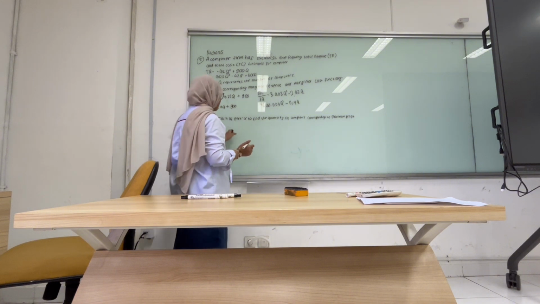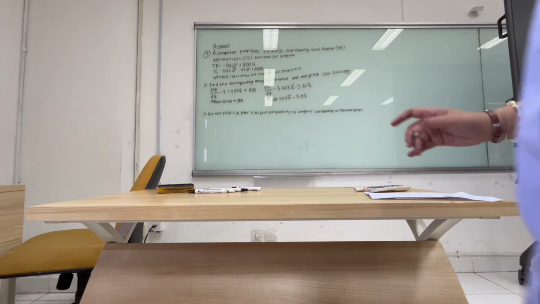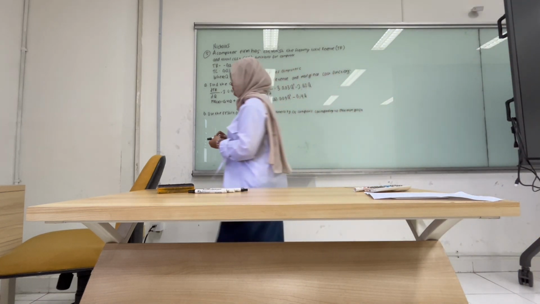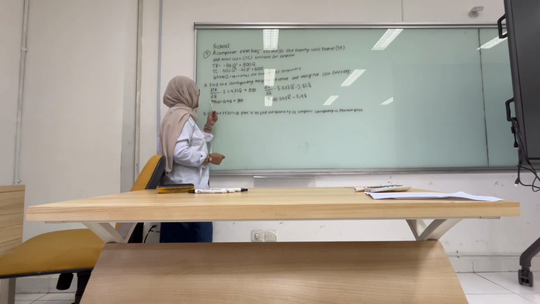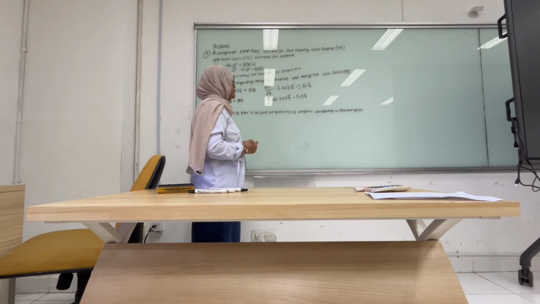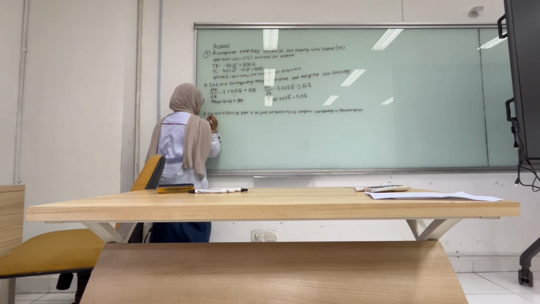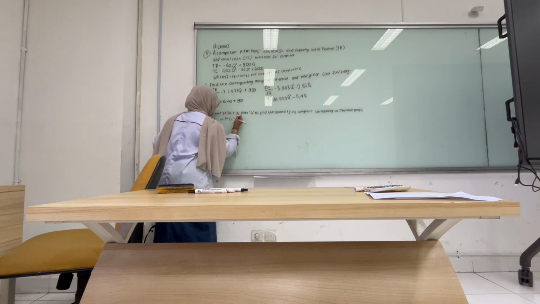Use the result of part A to find the quantity of computers corresponding to maximum profit. So in part B, we use the result of marginal revenue and also marginal cost to find the quantity. We use the equation marginal revenue equals marginal cost.